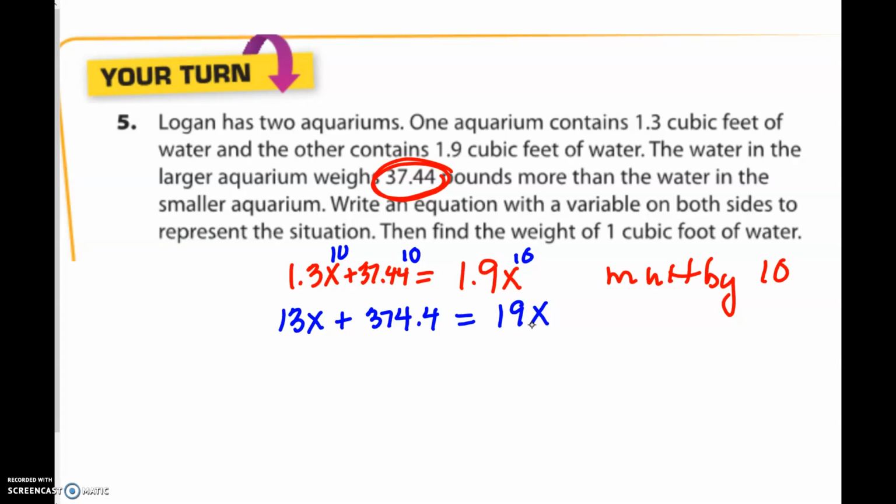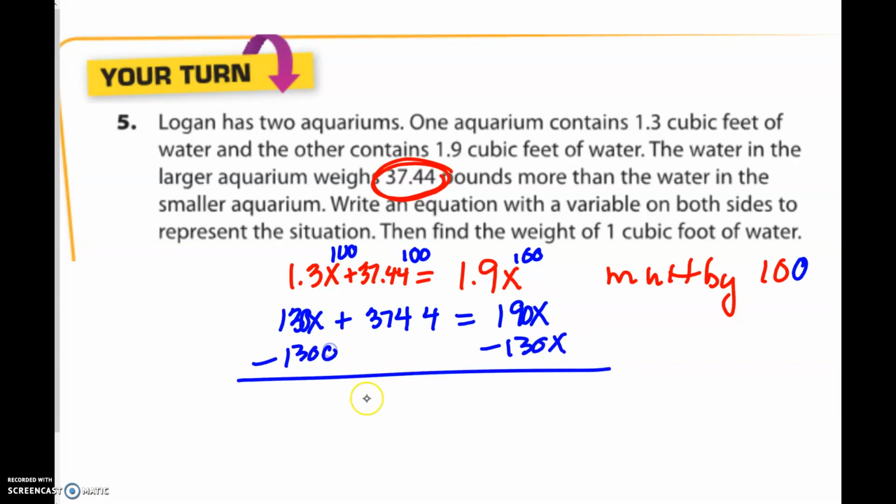Well, to really get rid of all of the decimals, shouldn't I multiply by 100 because I still have a decimal? So if I multiply everything by 100, this is now 130x, and now I can get rid of this decimal, and this one would be 190x. All right, so I'm going to subtract 130x from both sides.